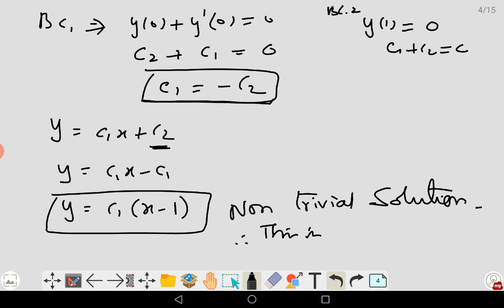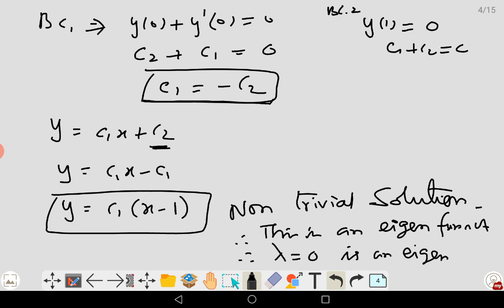Therefore this is an eigenfunction, and lambda equal to 0 is an eigenvalue. That's it. Giving some value for C1 as 1, you can write y is x minus 1. So this is the first answer for lambda equal to 0.